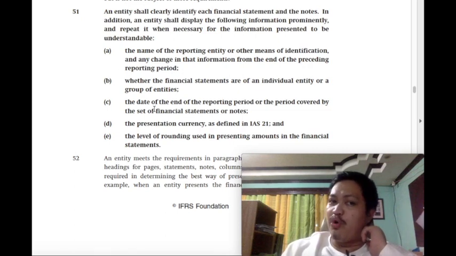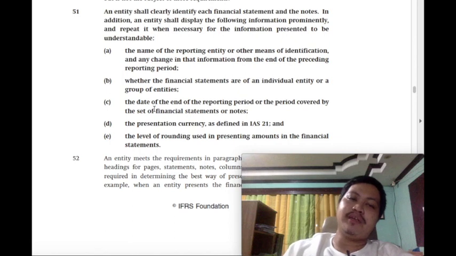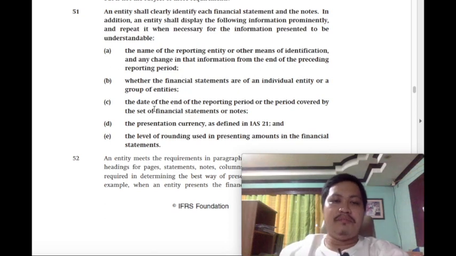If we try to go over, class, letter A, the name of the reporting entity, this will be part of the heading. We know this one not because we were introduced to the standard already, class, but because it has always been emphasized when you were still learning basic accounting. Letter B, whether the financial statements are of an individual entity or a group of entities, whether it is a separate financial statement or a combined or consolidated financial statement.